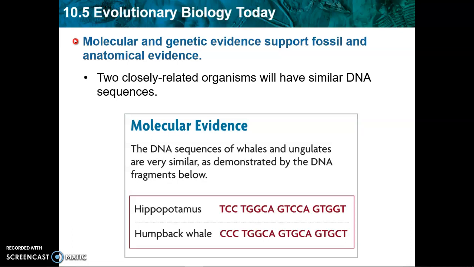When we're looking at molecular evidence today, what we are looking at is mostly things like DNA sequences and comparing how similar the sequence is between one organism and another. We would expect that the DNA sequences of things that are closely related are going to be very similar to each other, just like if you have a sibling, your DNA is much more similar to that of your sibling than it is to somebody who's unrelated to you.